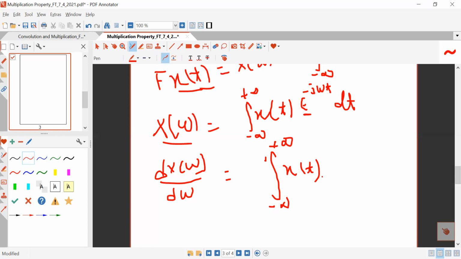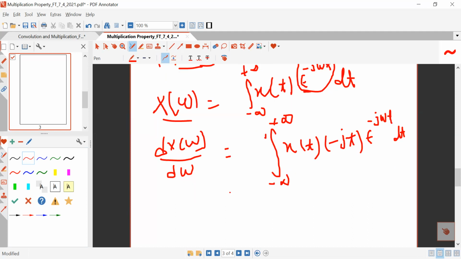So what will be the differentiation of this term with respect to omega? This will be equal to the integral of minus j t x(t) e to the power minus j omega t dt.